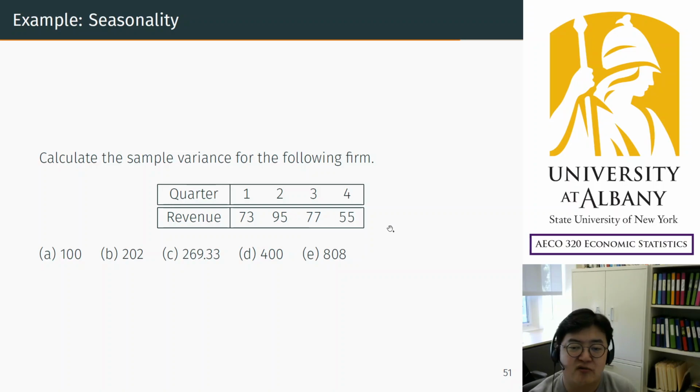Like, say, think about an ice cream company: it will do much better in summer, but not that much in winter. Okay, so do some algebra and see. By the way, I specified you need to calculate the sample variance. Use the sample variance. Okay.